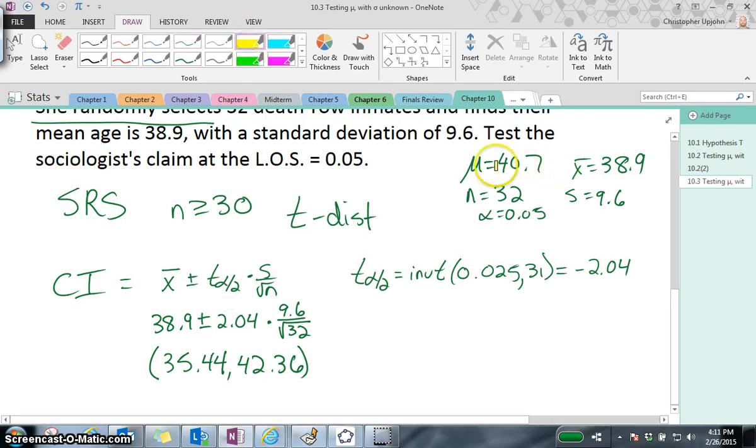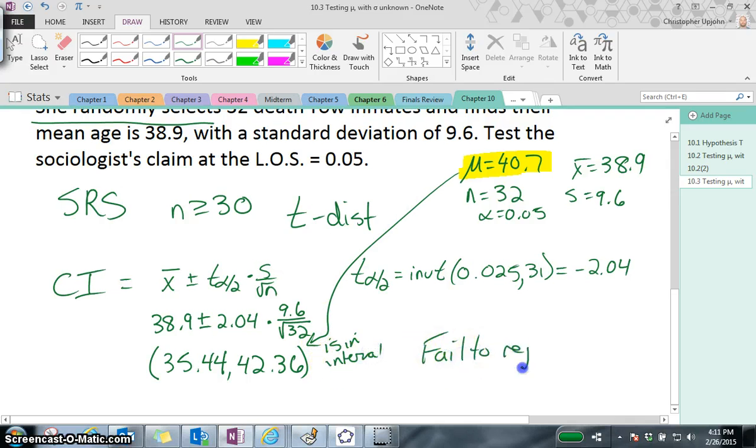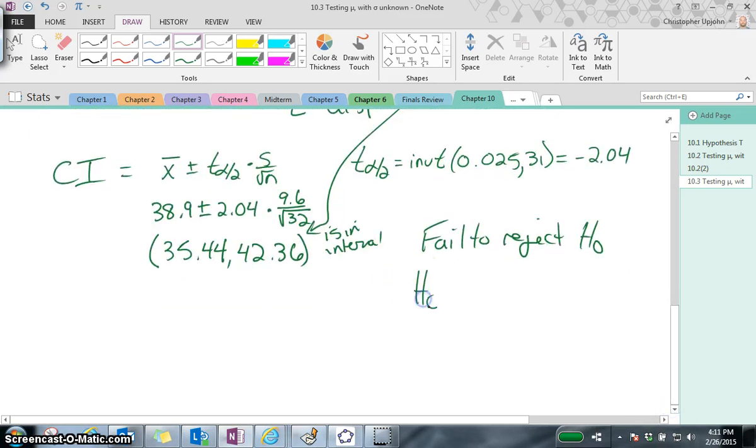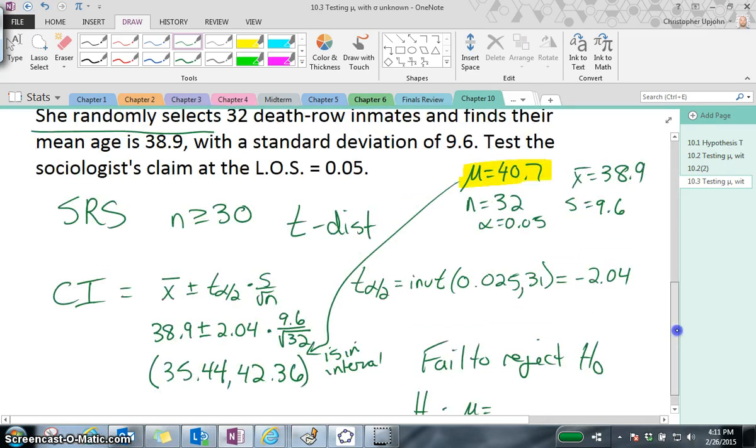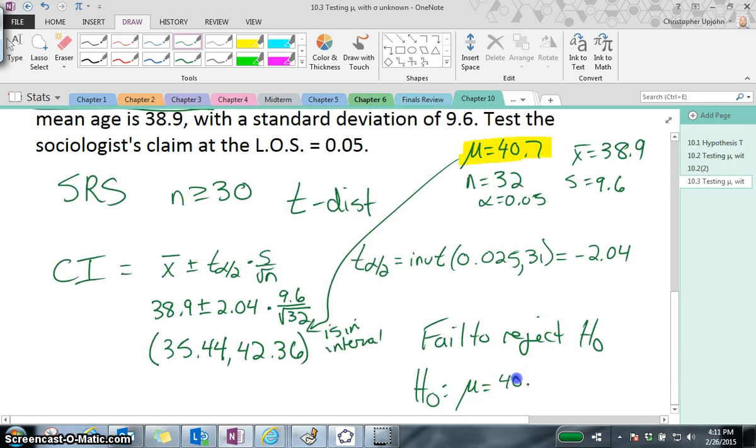If we look at our mean, 40.7 is in the interval. Thus, we fail to reject. Oh, sorry, I forgot to write my hypotheses. H naught, my null, is that mu is, what did I say it was? 40.7.